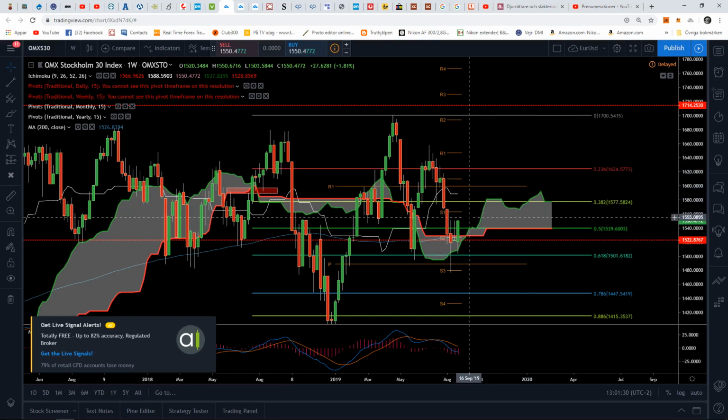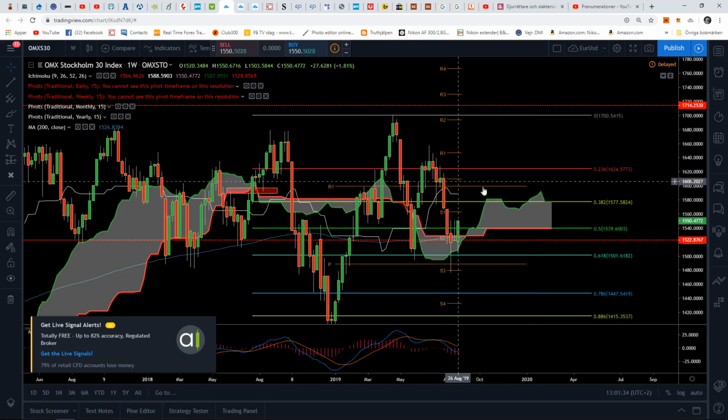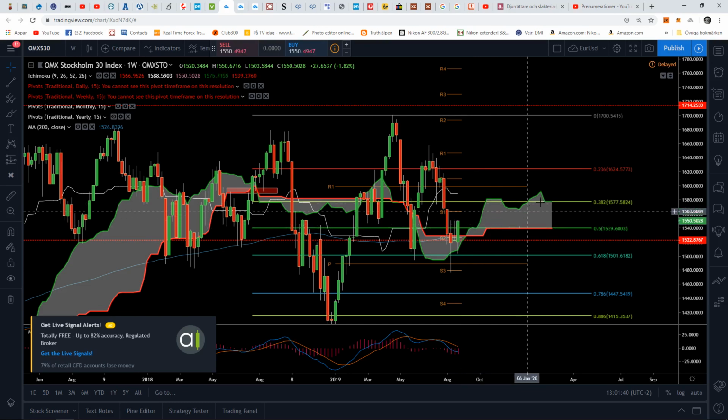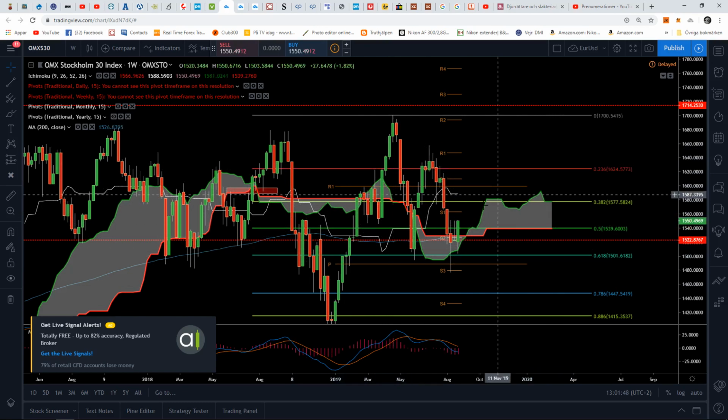So there is quite some distance up here to work on if we get momentum and follow through here from a break. But the fact that the cloud here is bullish from all of this action down over here, I still think that there is more upside coming.